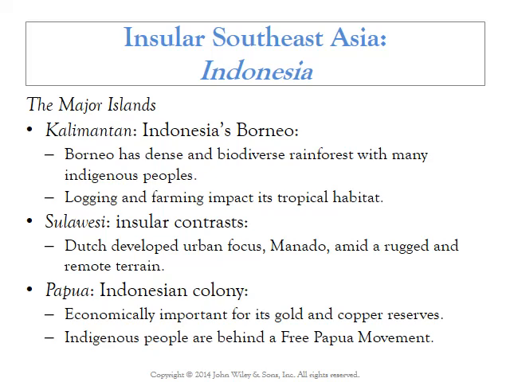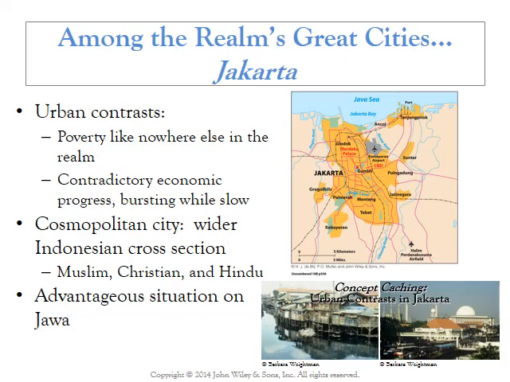Sumatra was affected negatively by the 2004 Indian Ocean earthquake and tsunami. Jakarta is the capital of Indonesia. Sometimes it's called the Kolkata of Southeast Asia. It is a big city, over 10 million people, and yet it has no metro transit system, which is pretty amazing. They're actually constructing one, but it is both home to tremendous wealth and crippling poverty.